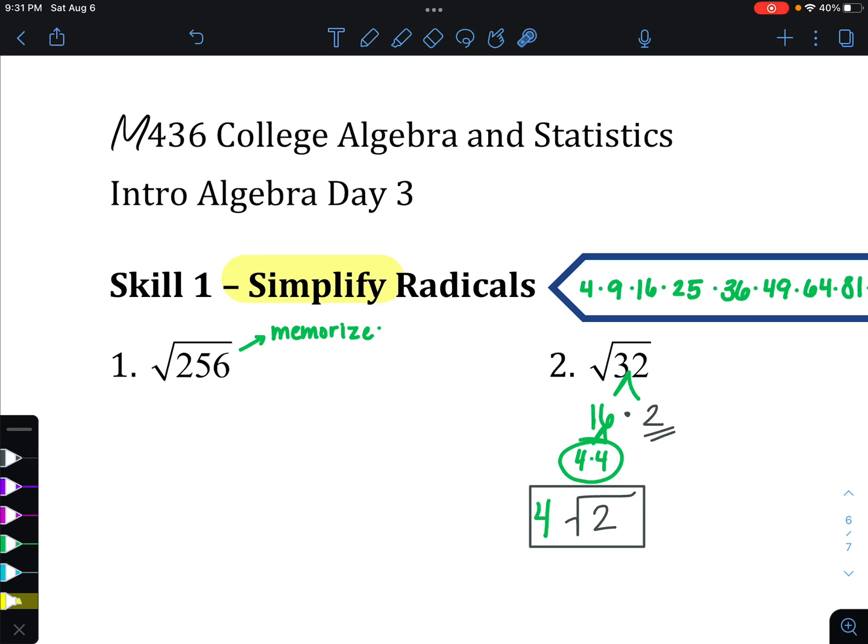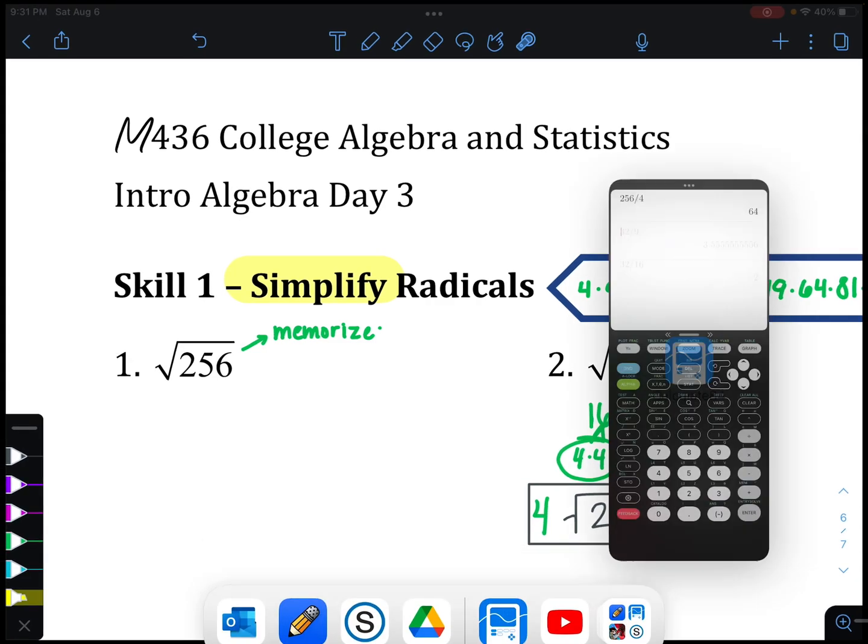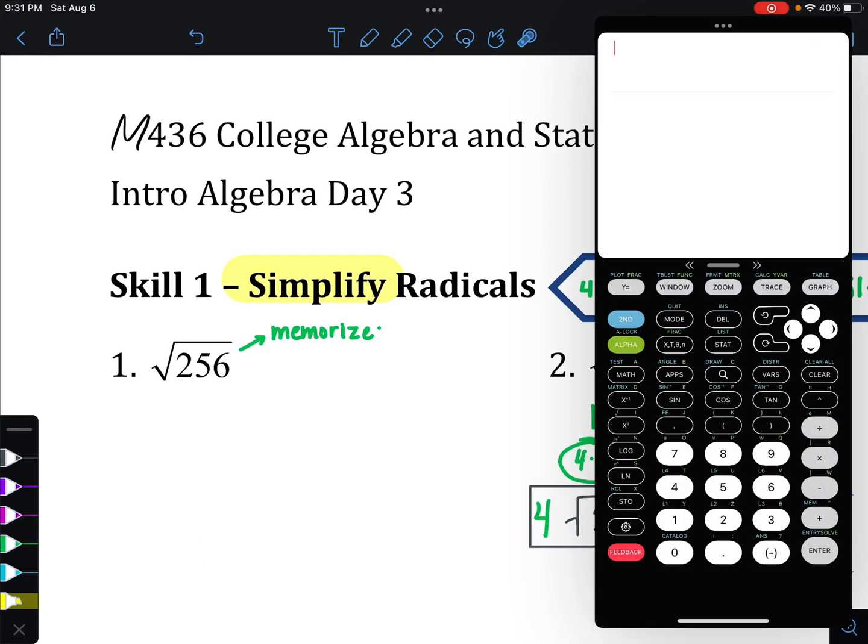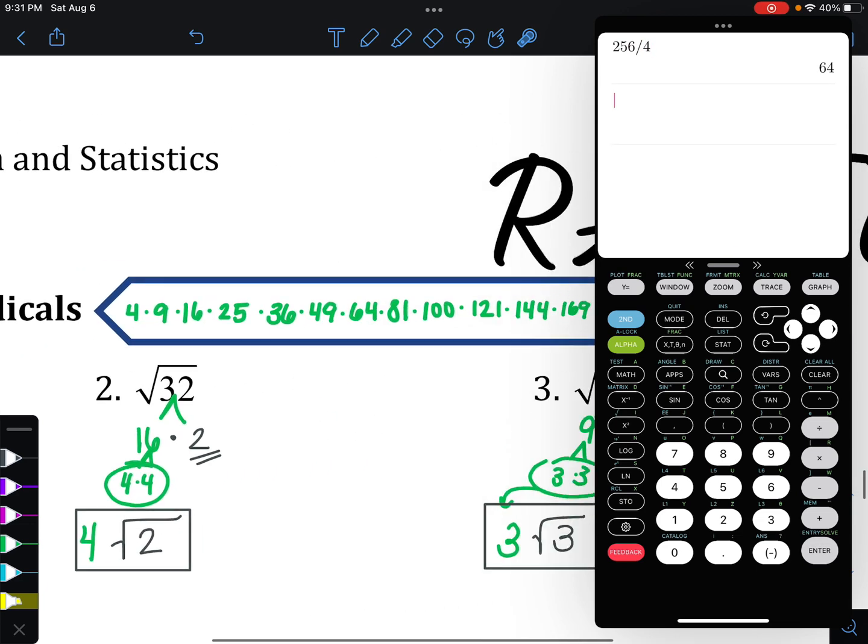So 256 is much larger, right? So we could start with 4 and work our way up. So 256 divided by 4. All right, so 64. What about 256 divided by 9? Does that go in evenly? No. 256 divided by 16. Wait a second. 16 goes into 256 16 times.